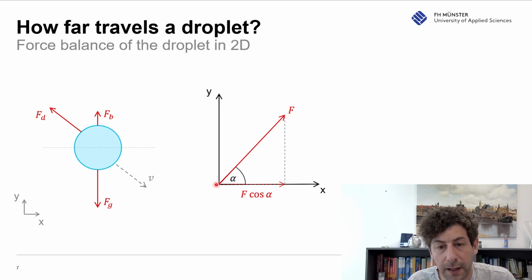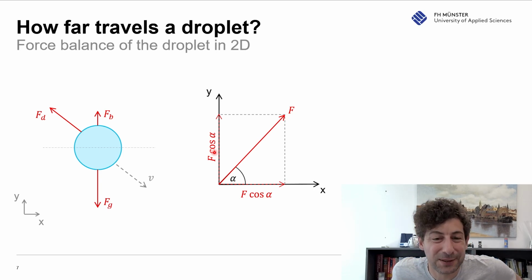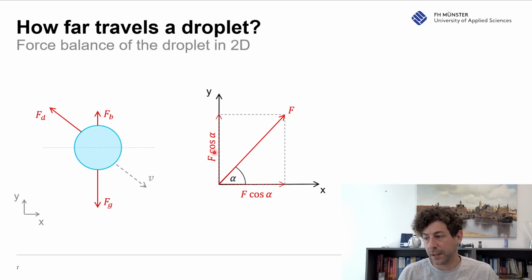And we have a part of this force acting in y direction, and this is, sorry for the error, F sinus alpha. I'm very sorry for this, but we have sinus alpha, not cosinus alpha, it's a typo. So in x direction, F cosinus alpha, in y direction, F sinus alpha, if the angle is between F and x.